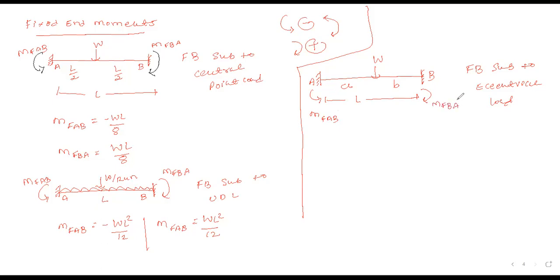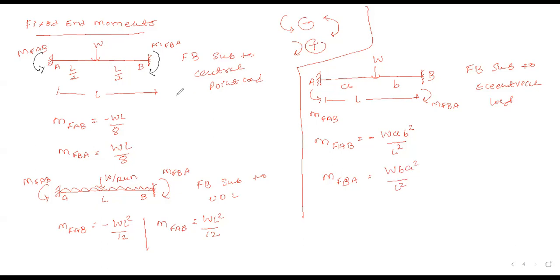So in that case, your MFAB and MFBA are both different. MFAB equals, anti-clockwise, that's the reason negative W A B square divided by L square. For the far length, square it. MFBA equals plus W B A square by L square.